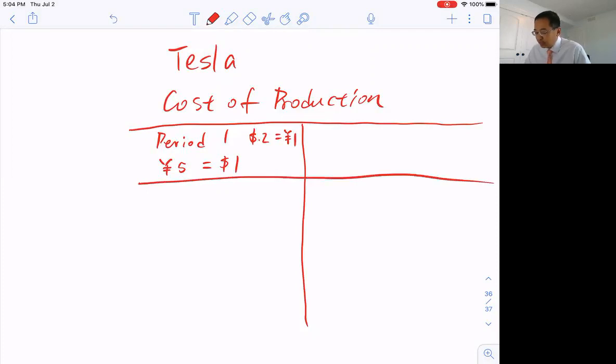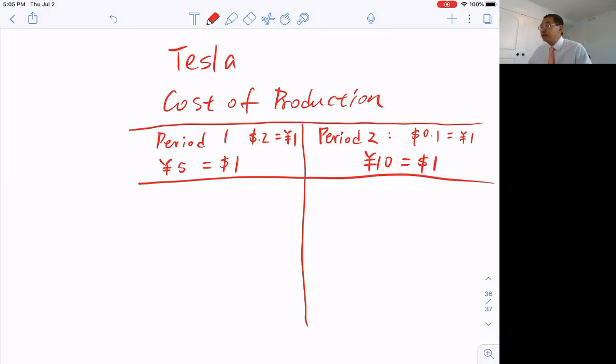And let's say in period 2, the dollar appreciates by 100%, where now it only takes 10 cents, or a dime, for 1 yuan, or another way of looking at it is that it takes 10 Chinese yuan for a dollar.